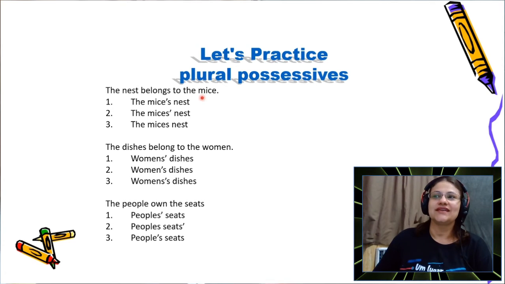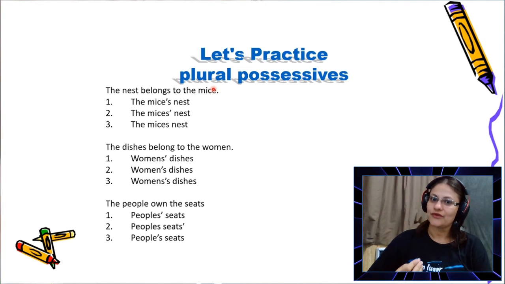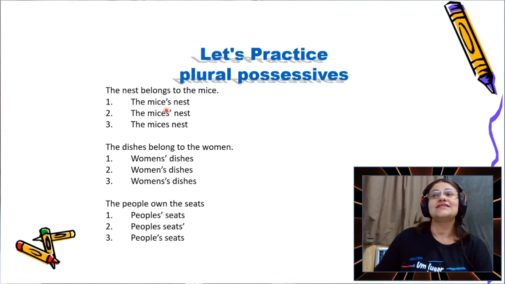So in this case, mice is an irregular plural, so I make the possessive like a singular noun. Remember, I have to add an apostrophe and an S. So the mice's nest, number 1, the mice's nest.